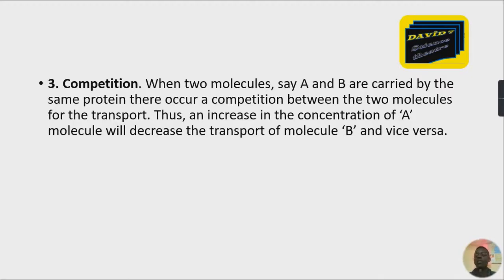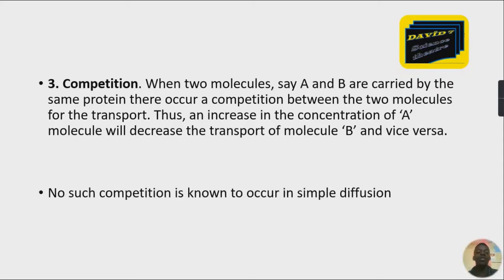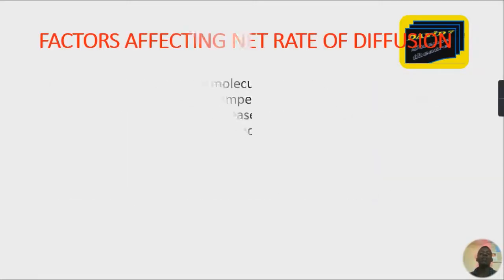So this is the third difference: if you have two molecules competing for the same carrier protein, and you increase one of the molecules, the transport of the other will decrease, and vice versa. This competition does not exist in simple diffusion.